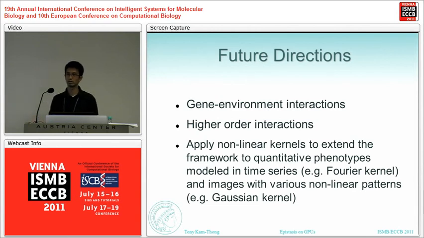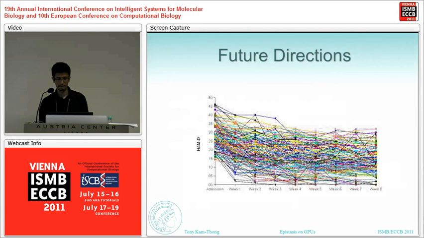Higher order interactions, so potentially rephrasing the question to handle third or fourth order interactions. And also to apply nonlinear kernels to extend the framework to quantitative phenotypes that are time series or that are images. Here's just an example of something that we can apply.